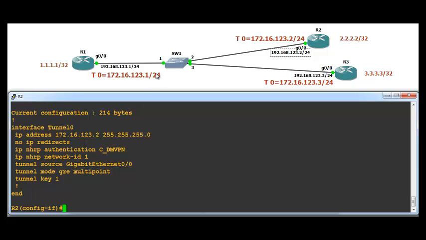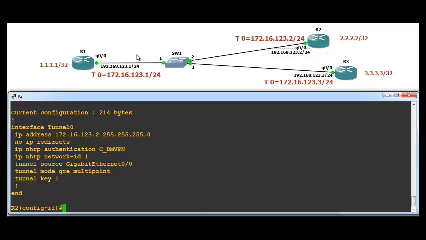So we need to say, in order to go to 172.16.123.1, you go to 192.168.123.1. You understood? In order to go to this tunnel interface, with which you need to negotiate DMVPN, you need to go to this physical interface.